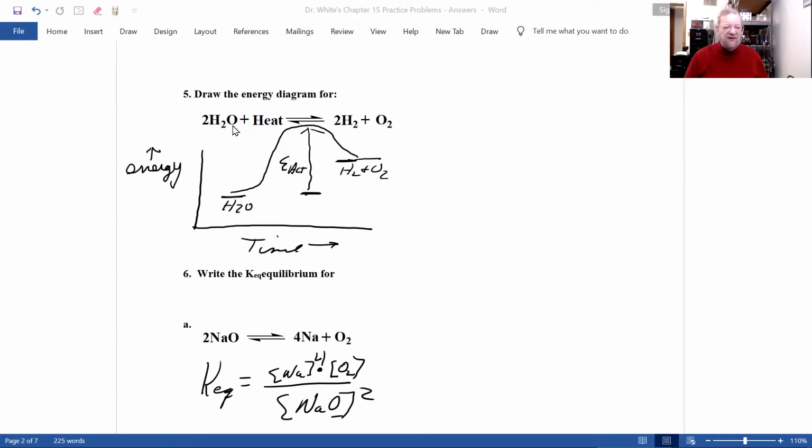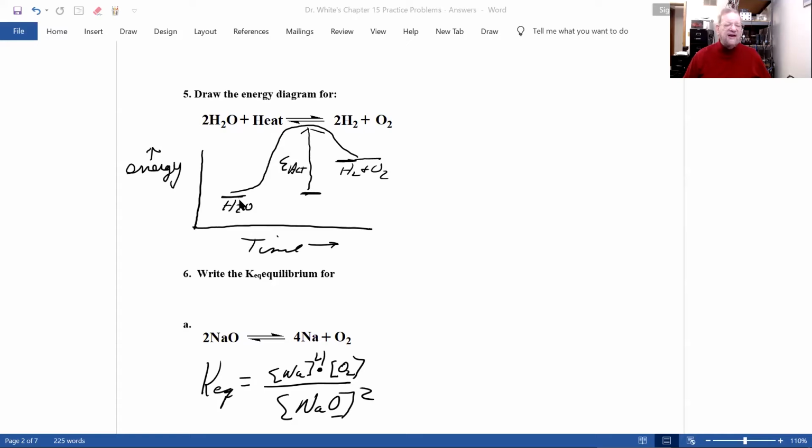Now, remember, the amount of energy on the reactant side is equal to the amount of energy on the product side. You do not destroy or create energy in a chemical reaction. But here, does water have less energy or more than hydrogen and oxygen? The total energy here is water plus heat, but you have to add the heat.